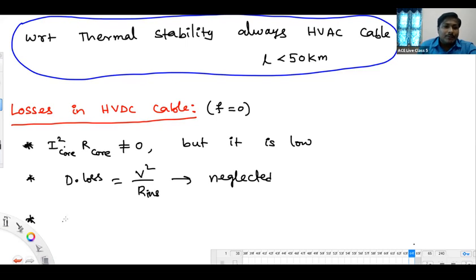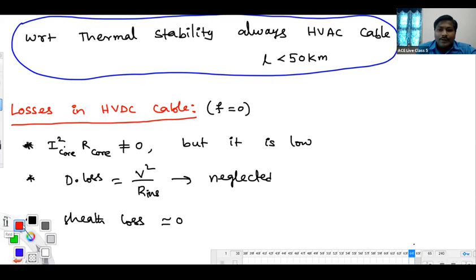And sheath loss will be approximately 0, because no frequency of operation means no induced EMF in the sheath. No induced EMF means no current flow in the sheath, so obviously sheath loss will be 0. So I can say now the overall loss in the cable is negligibly small in case of DC operation.